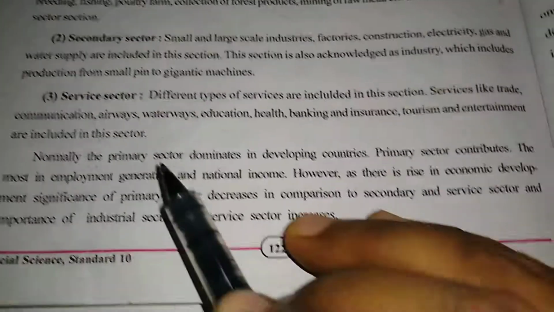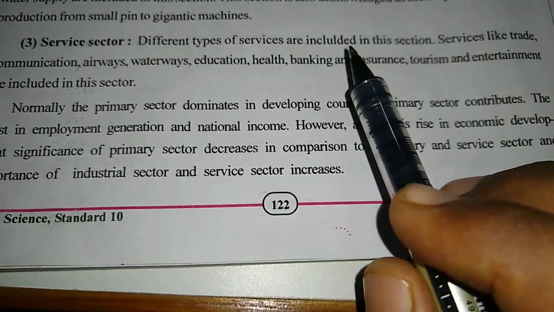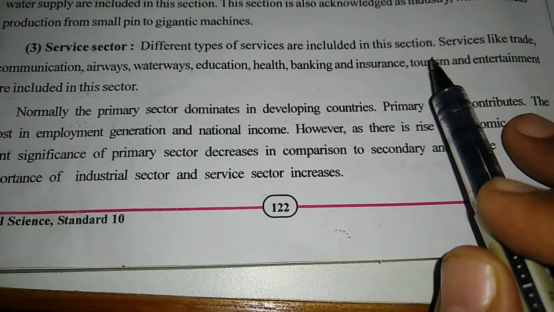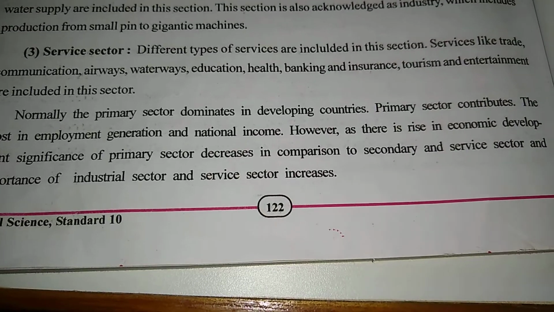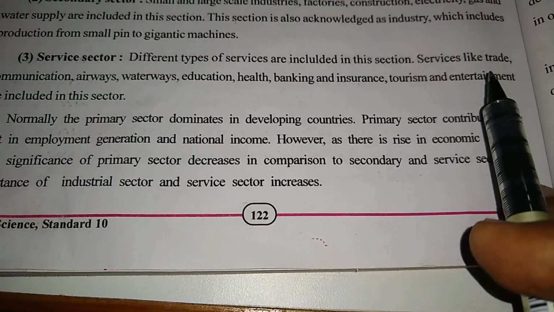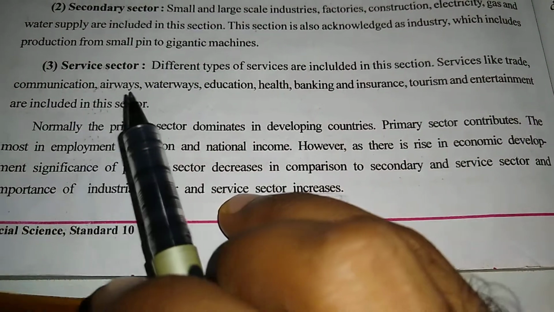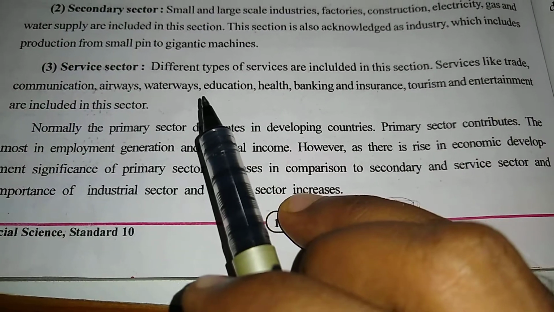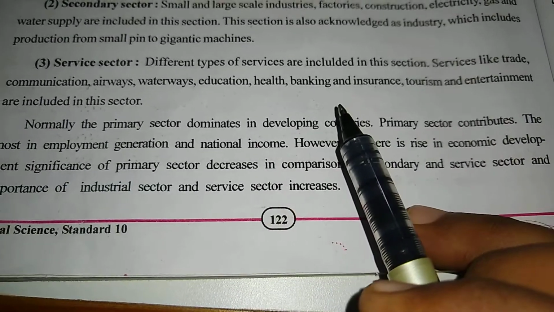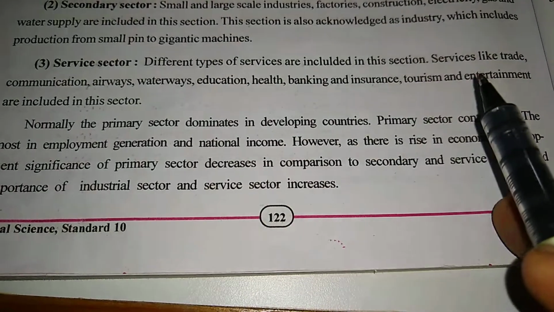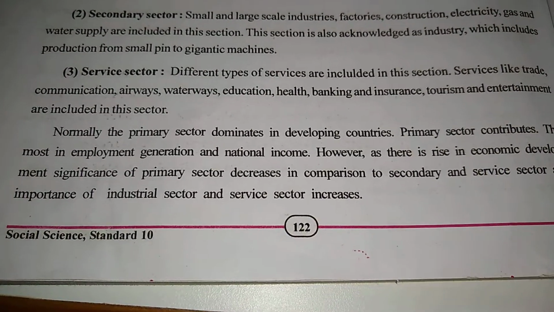Now we move on to the third, that is the service sector. Different types of services are included in this section. Basically, service means to serve. So services like trade, communication, airways, waterways, education, health, banking, insurance, tourism, and entertainment are all included in this sector.